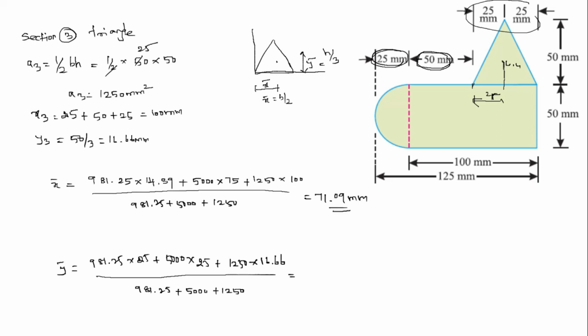Similarly, for y bar: 981.25 into 25 plus 5000 into 25 plus 1250 into 16.66, divided by 981.25 plus 5000 plus 1250, which is equal to 23.55 mm. So x bar is 71.09 and y bar is 23.55.